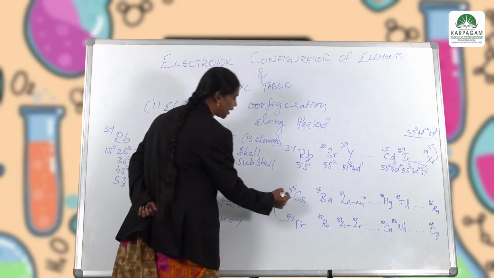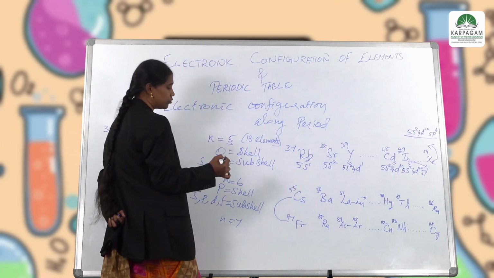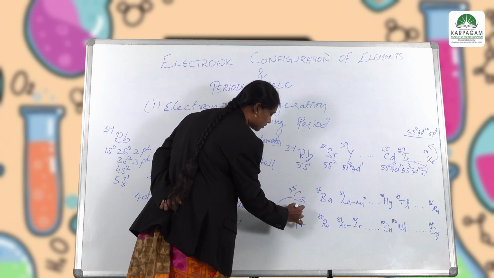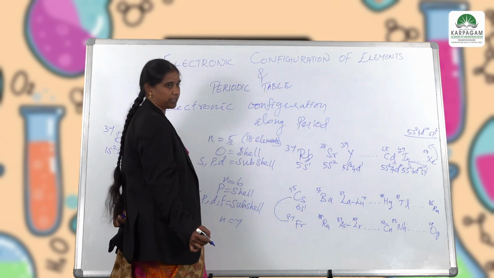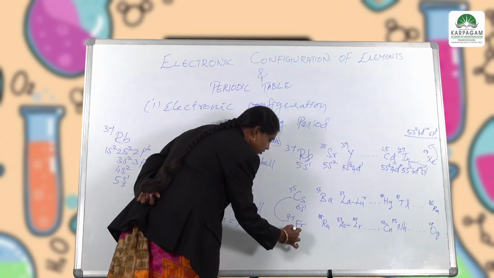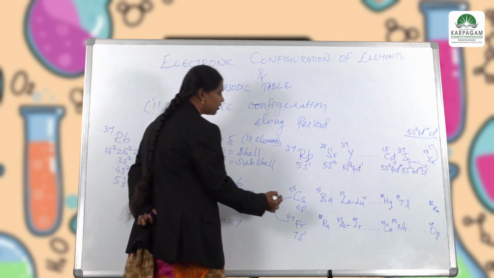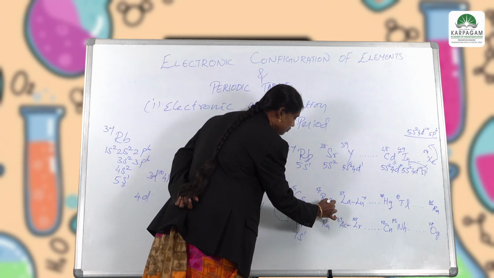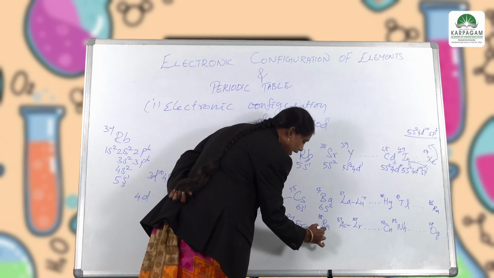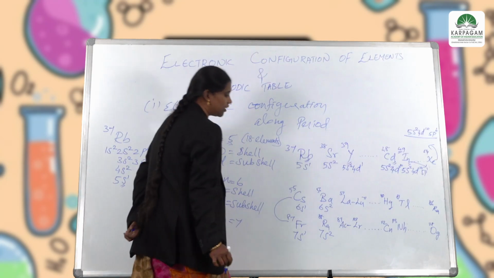So here the outermost electronic configuration for cesium is 6s1 and for francium is 7s1, and the outermost configuration of barium is 6s2 and radium is 7s2.